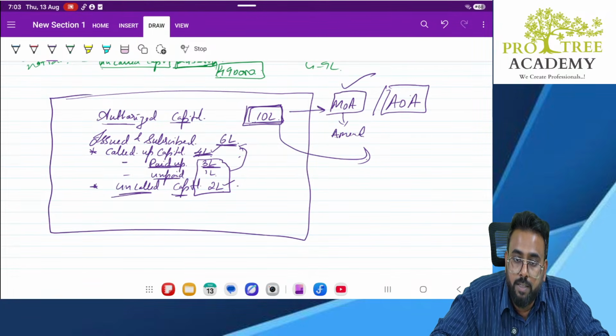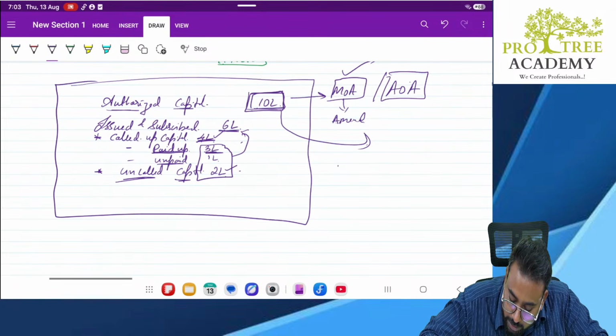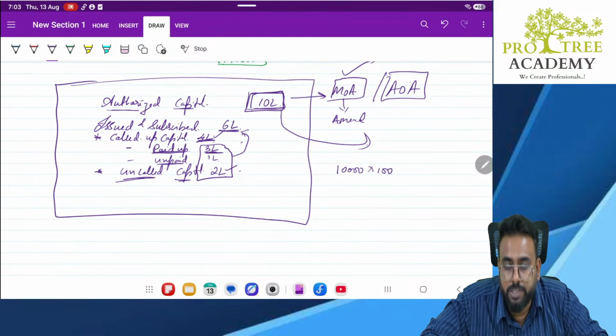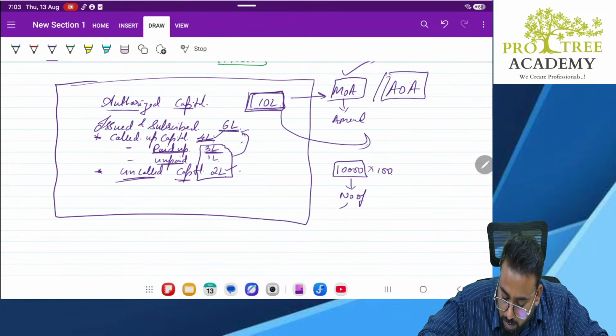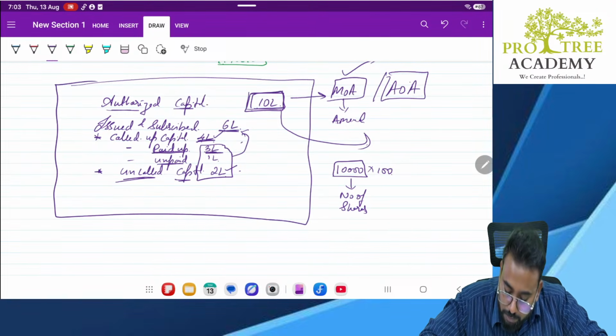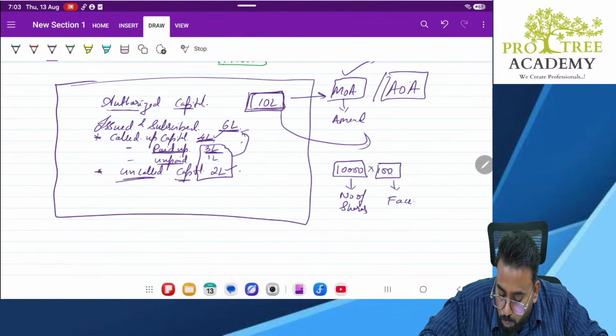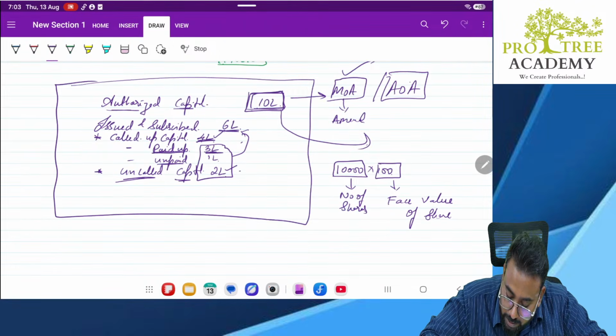Clear? Everybody? Okay. Now, every time I was telling you, sir, you told me 10,000 shares of 100 each. Correct, sir? This is called as number of shares. And this is called as face value of each share. So it is in terms of rupee.